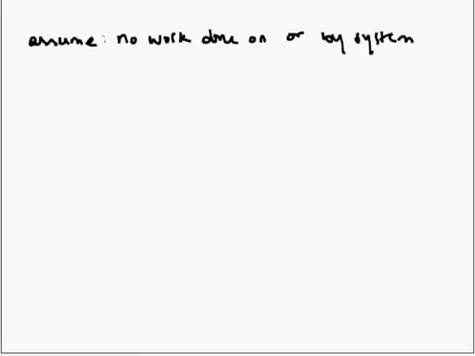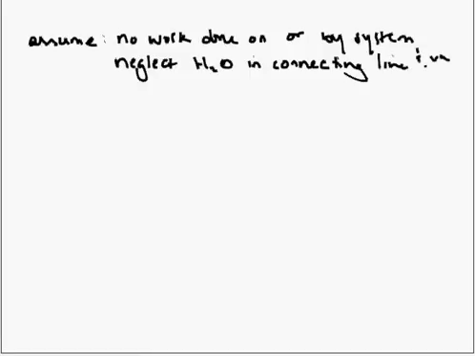I'm going to assume, as I said, neglect water in the connecting line and the valve. And I'm going to assume it's a closed system, so the mass I start with is the mass I finish with. No mass in or out.